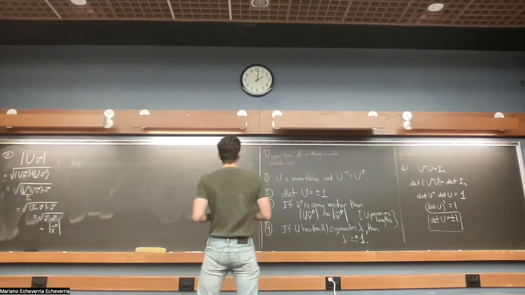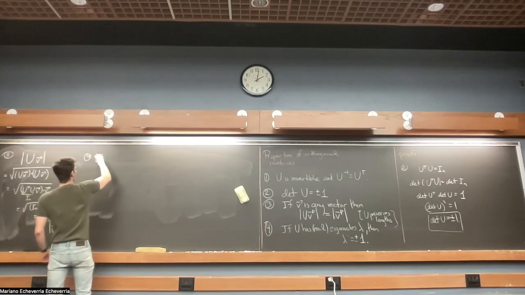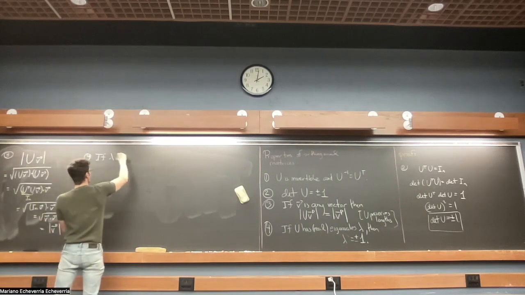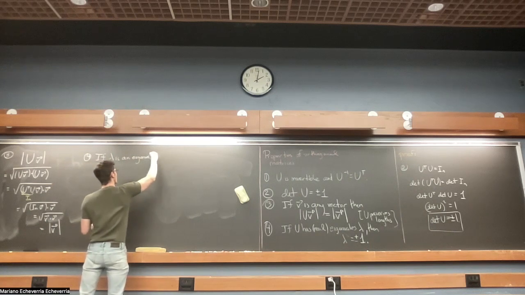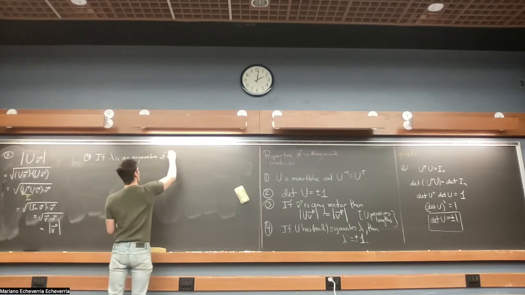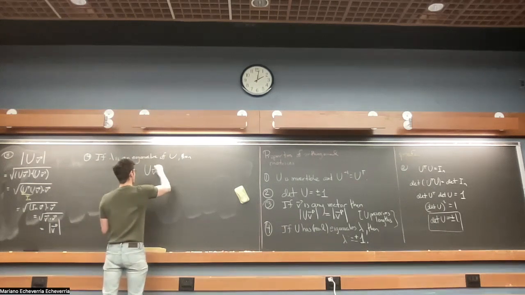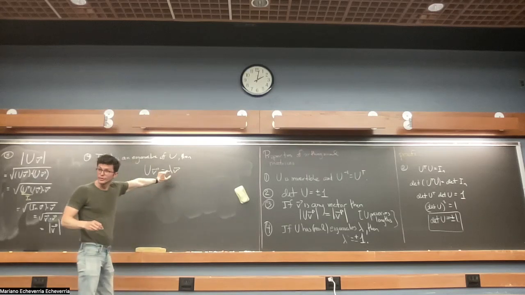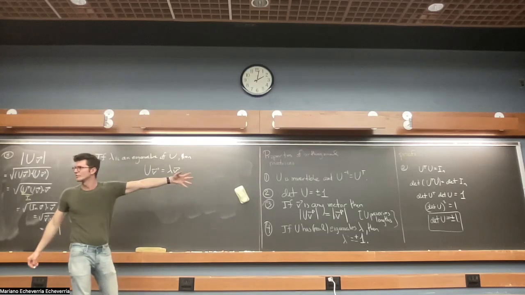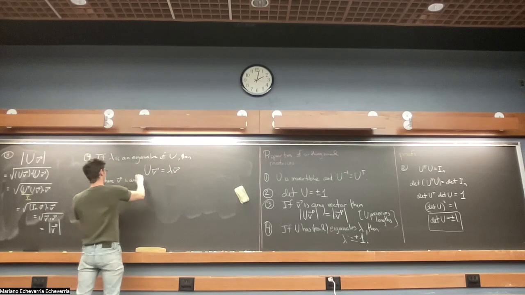So if lambda is an eigenvalue of U, then Uv equals lambda v, right? Where v here is an eigenvector of U. That's the key definition of eigenvalues and eigenvectors.